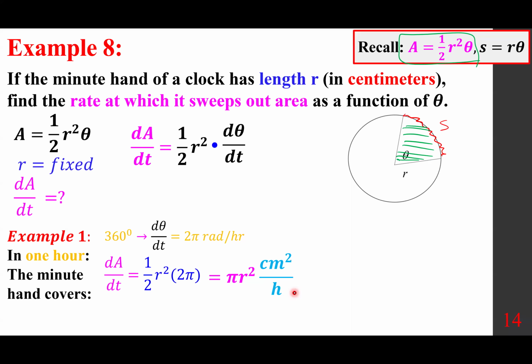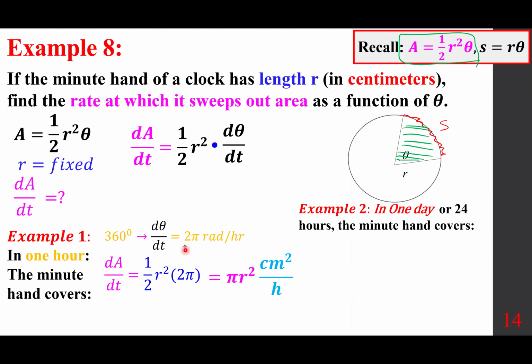Again, if they give you the time. Another example, in 1 day, it covers 24 hours. Remember, over the course of 1 hour, a complete revolution. Over the course of 2 hours, 2 times a complete revolution. Over the course of 24 hours, 24 times a complete revolution, 360 degrees, or 2 pi radians.